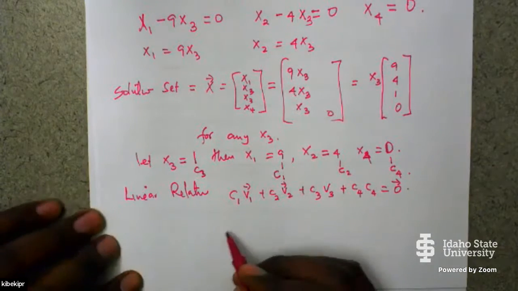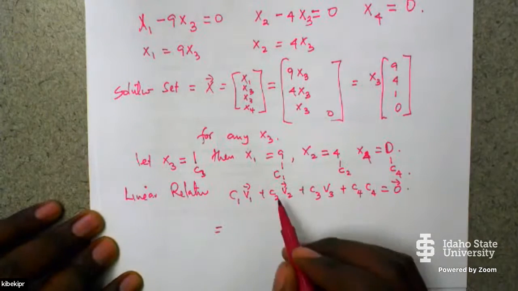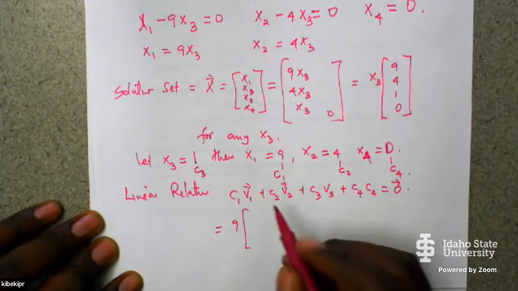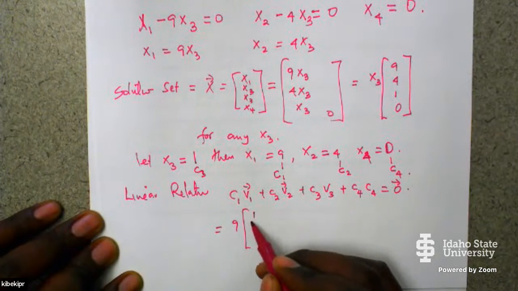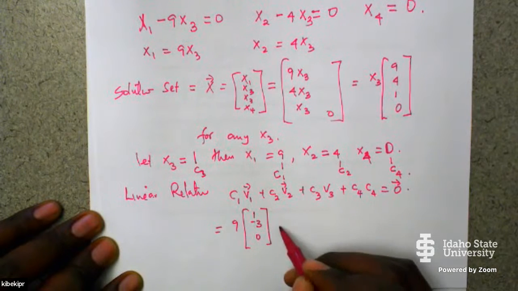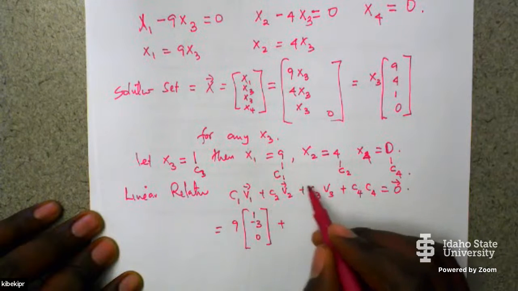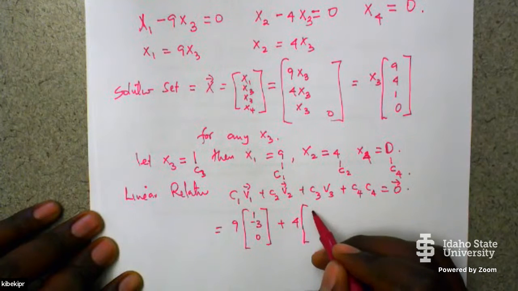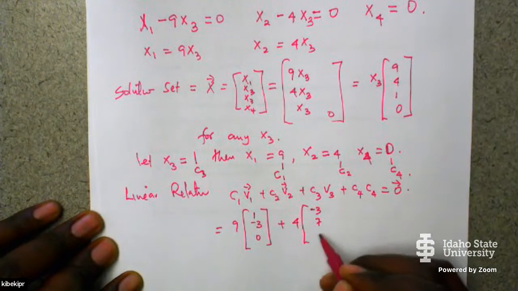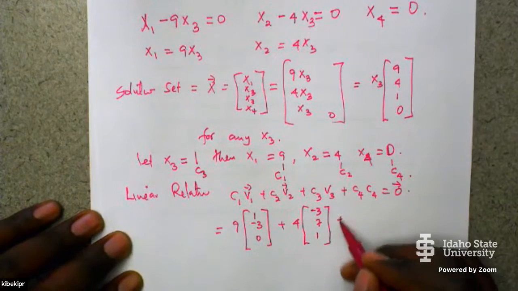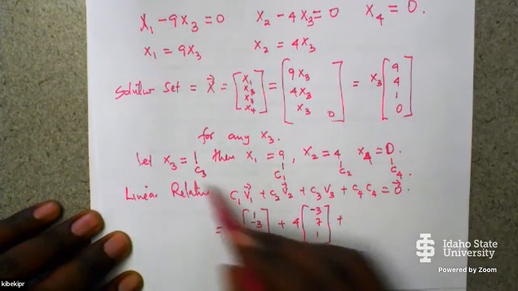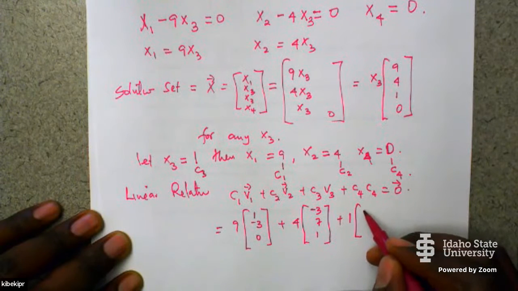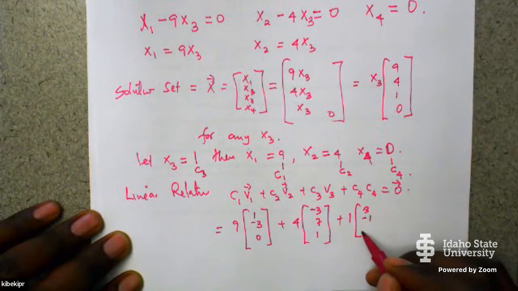So finally, this is the same as C1, which is 9, and our vector was 1, -3, and 0, plus C2, which here is 4, and our vector is -3, 7, and 1, plus our C3, which is 1, and our vector is 3, -1, and -4.